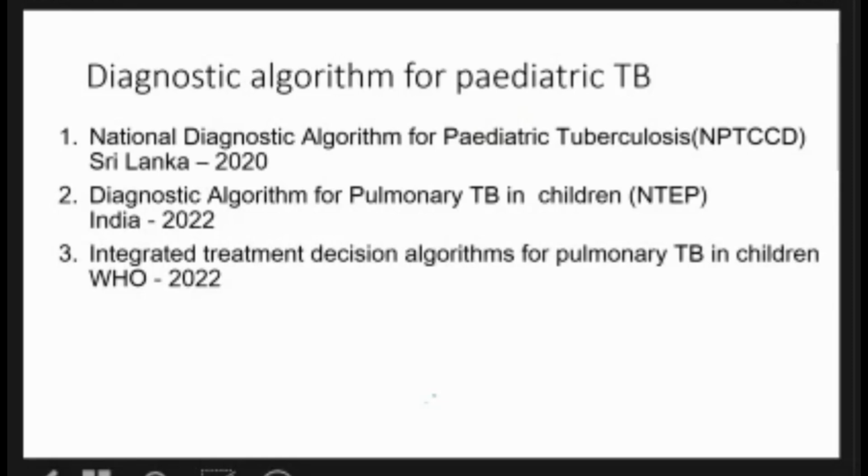So, National Diagnostic Algorithm for Pediatric Tuberculosis. And the second one is the NTEP Guideline India, which was published in 2022. And the third one is the Integrated Treatment Decision Algorithm published by WHO in the Pediatric TB Guideline 2022.